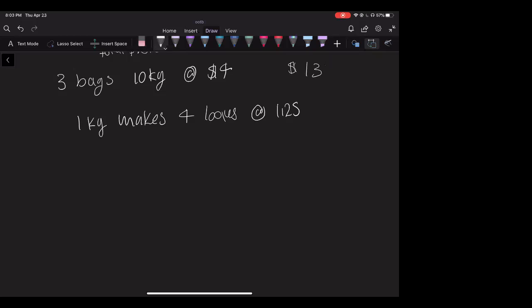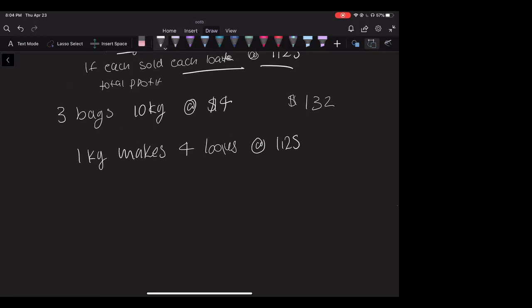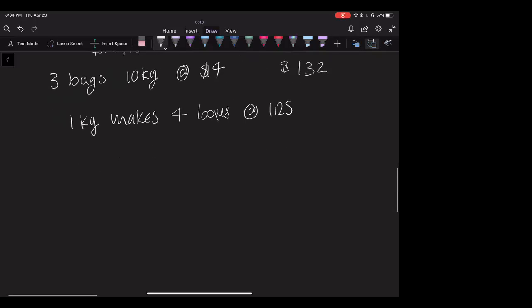Now let's do the math. They're looking for a profit. A profit means after everything I spent, how much money do I make in return? So first, you have 3 bags for $4, so we're gonna do 3 bags times $4.